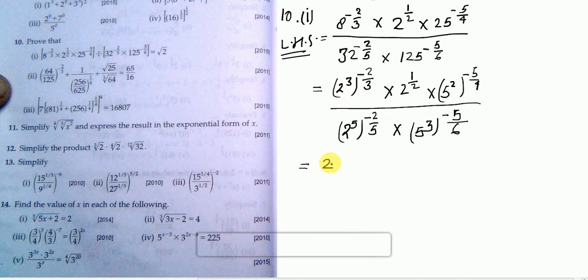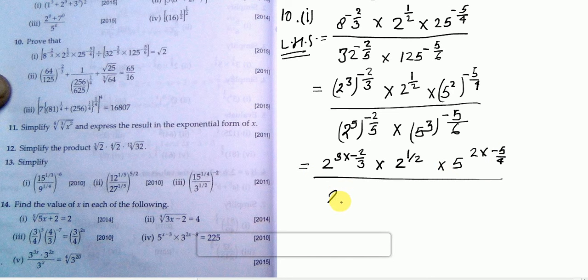Then 3 into -2/3 into 2 raised to the power 1/2 into 5 raised to the power 2 into -5/4.